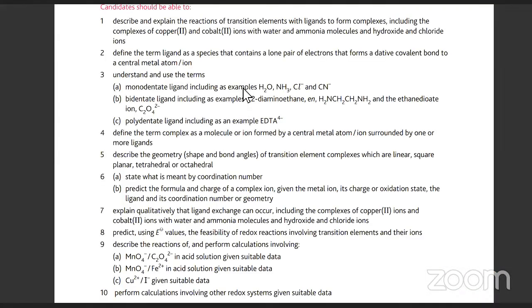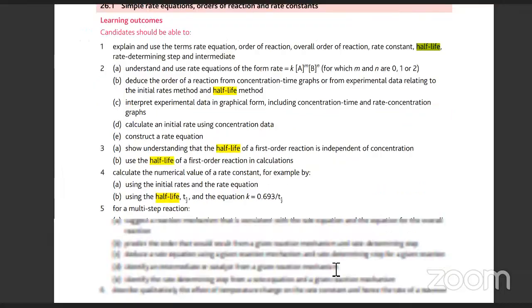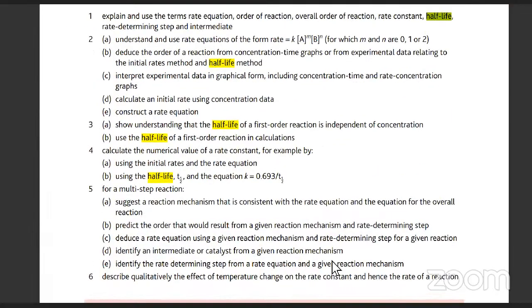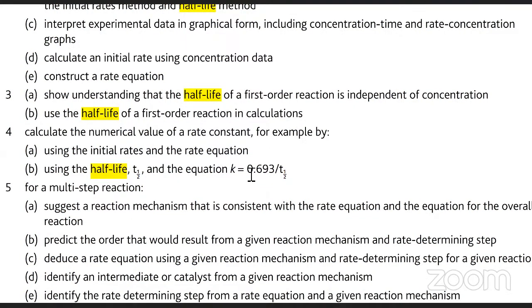I said this question is very important because it comes very infrequently. There's hardly one or two questions. So this is the half-life. You remember your rate constant 0.693, and this only applies to a first order reaction.